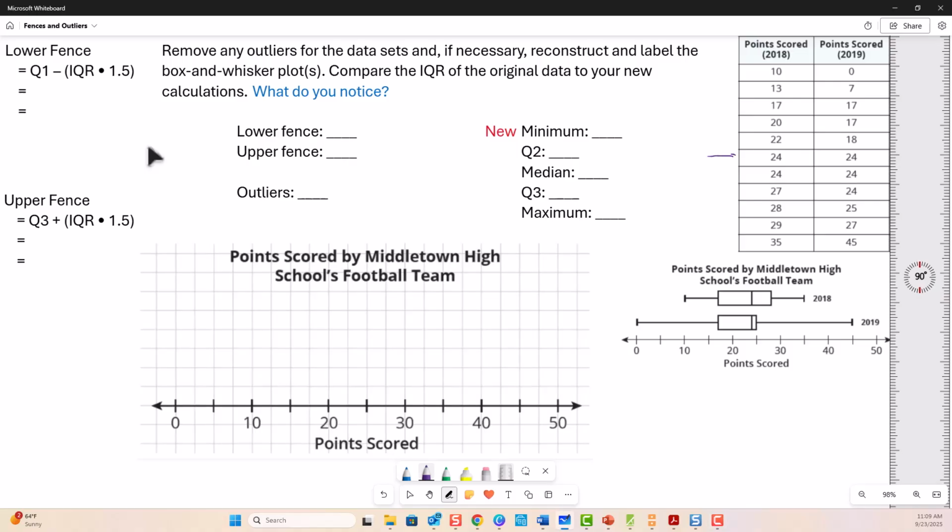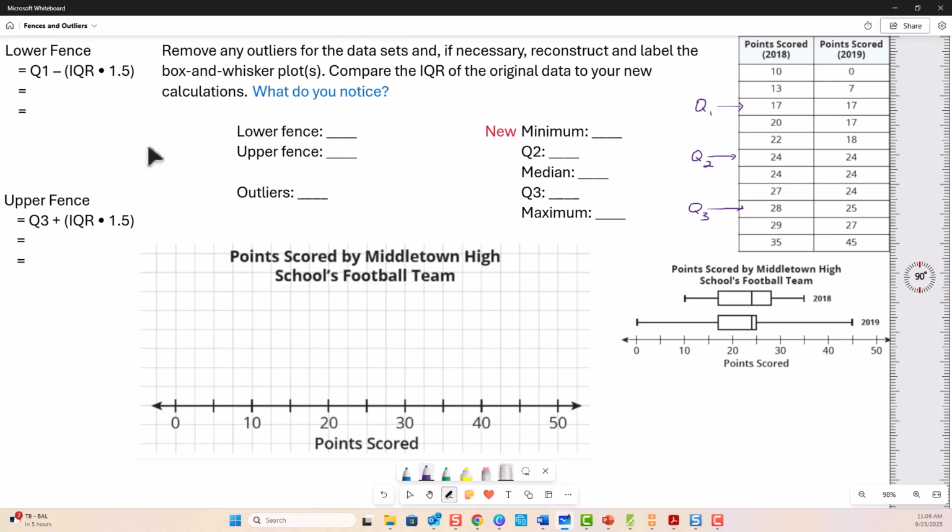So here are my medians, and that is also my second quartile. So then I can find my first quartile as the middle of this first half, and my third quartile as the middle of this last half, which can now help me to find these things.